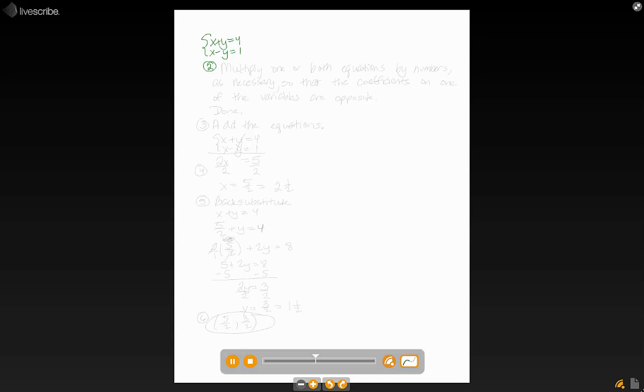You want to multiply one or both equations by numbers, as necessary, so that the coefficients on one of the variables are opposite.